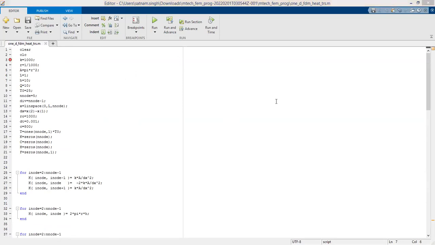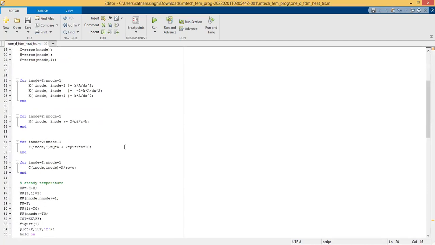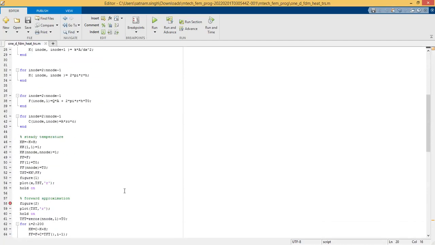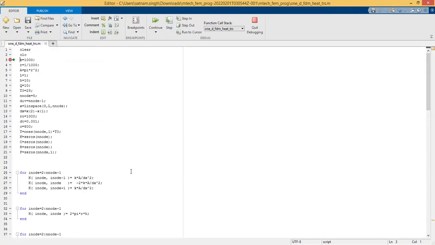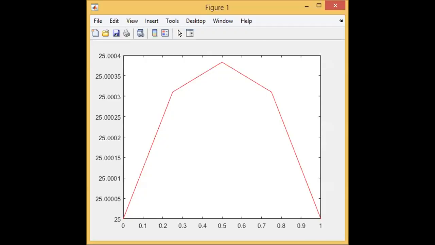So we have already done some part of the program. The steady state results have been obtained, so there is no need to repeat that portion of the program. I would simply come forward to line number 58. At this moment, I have the temperature plot available for the steady state.